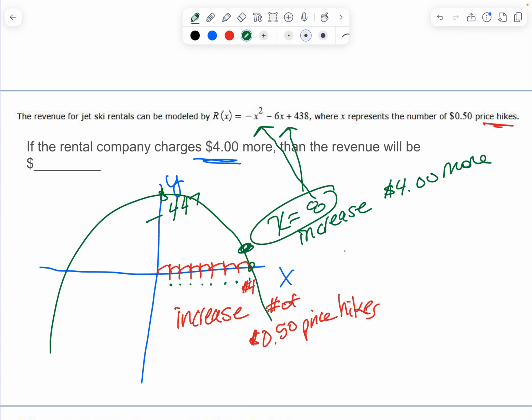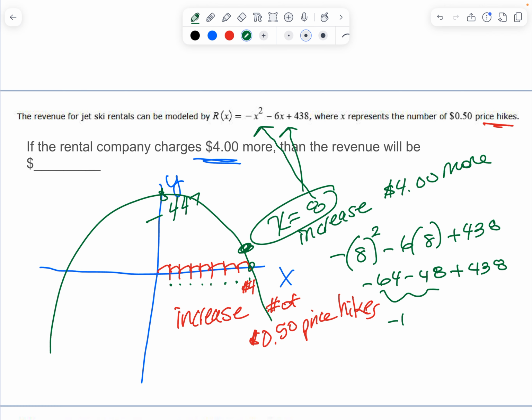So negative 8 squared minus 6 times 8 plus 438. That becomes negative 64 minus 48 plus 438 bucks. Put these together, that's negative 112 plus 438, and so it would be $326.